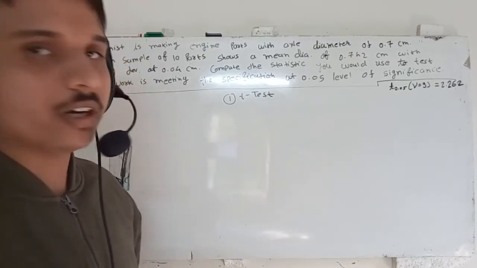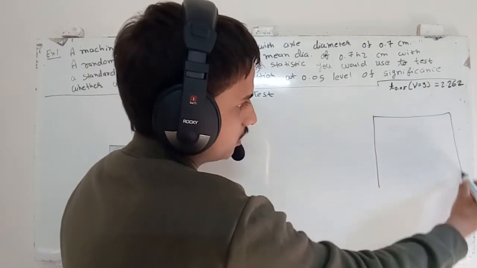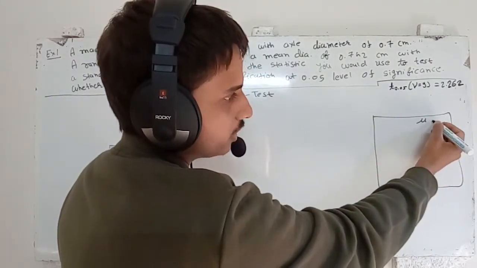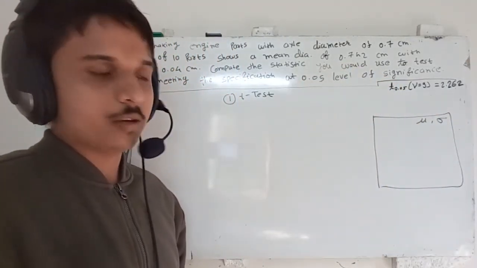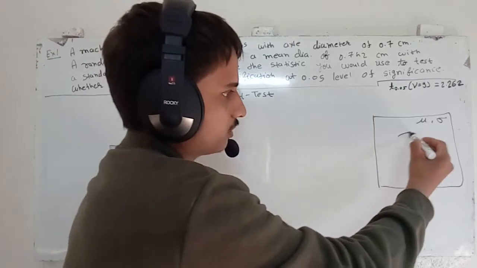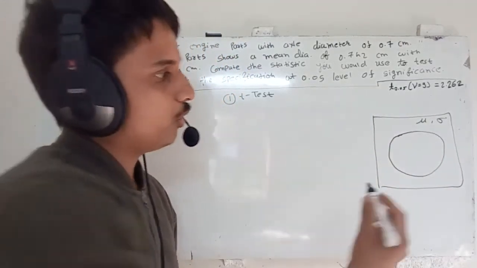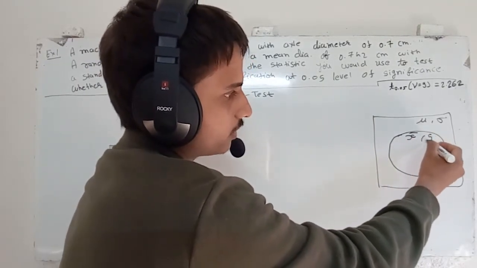So for that, consider a population. This population has mean value of mu and standard deviation of sigma. Now let us take a sample from this population. This is sample. Now this sample has mean value of x bar and standard deviation of s.